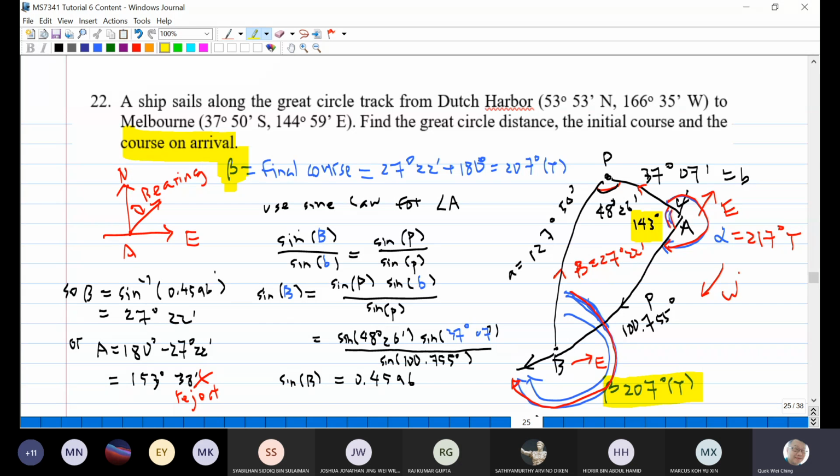Okay, so this is the last example exercise I'm going to show you. It's quite an interesting exercise. So for that I will stop here.